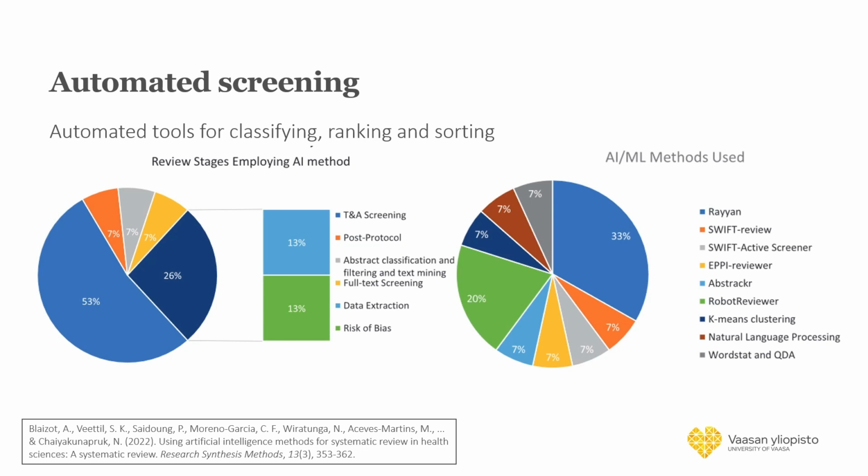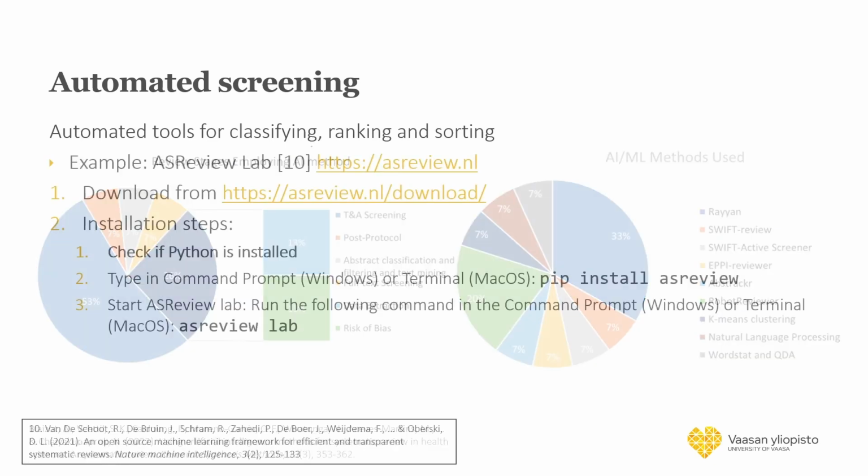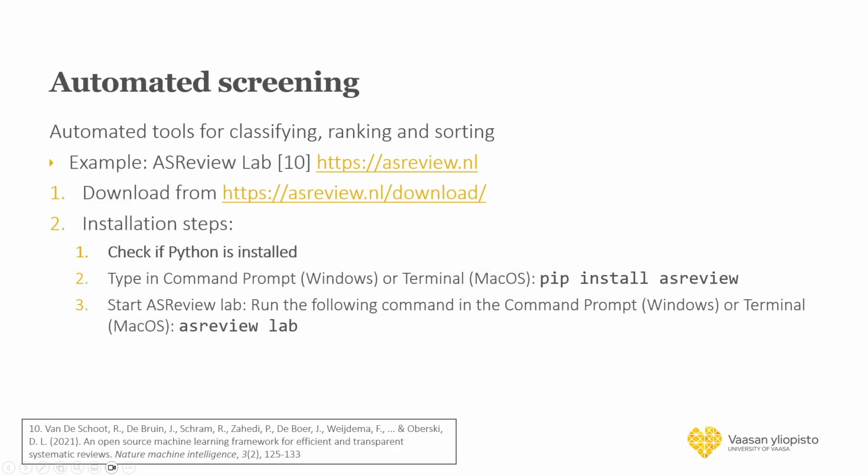Artificial intelligence and machine learning have been providing different tools for improving this automation. So some examples are Rayyan and Swift and many others, and there are plenty of them nowadays. But I'm going to focus on one that is open source and free, called ASReview. There's a paper in Nature Machine Intelligence about this tool.